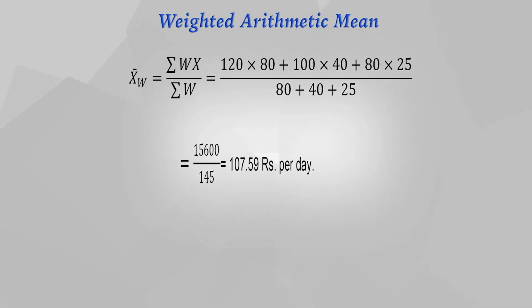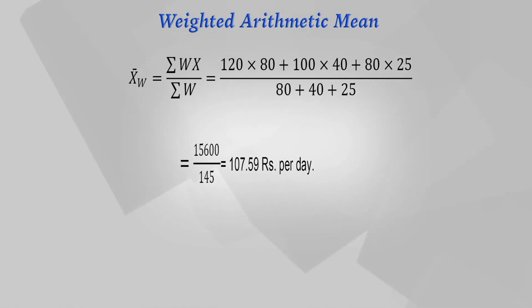If we calculate the weighted arithmetic mean in that situation, 120 into 80 plus 100 into 40 plus 80 into 25 would be the total in the numerator, divided by the total number of workers, that is 80 men, 40 women and 25 children, which is 145. The total of the numerator is 15,600 and it is divided by 145.